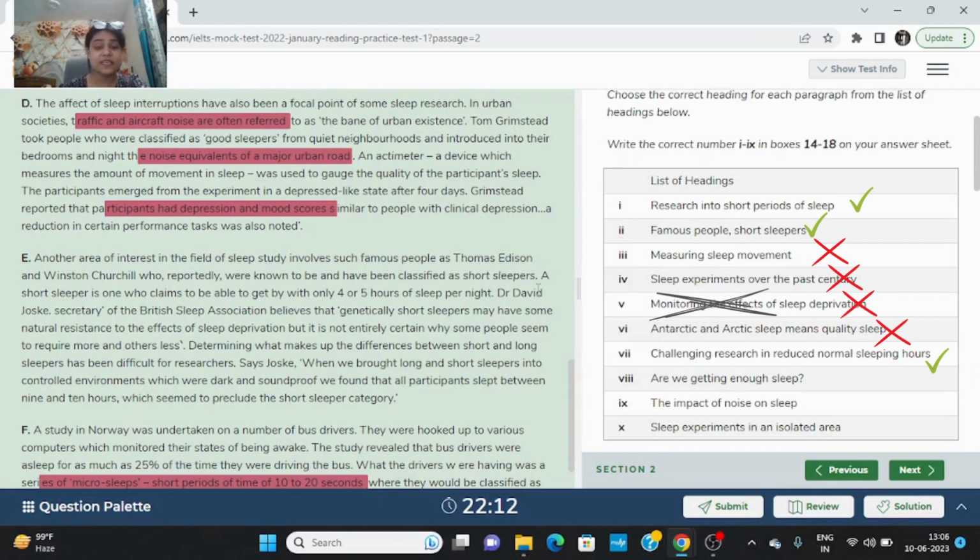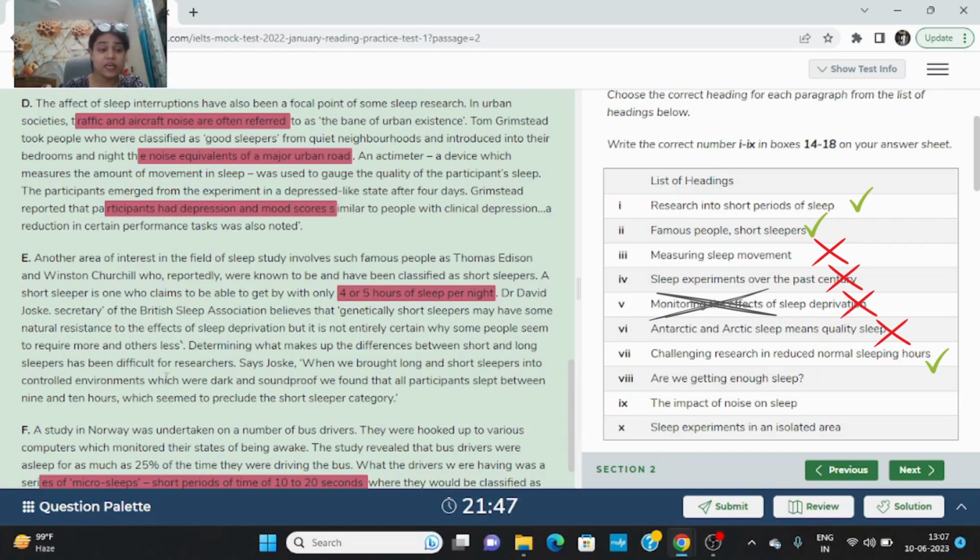As you guys can see here, it's written: a short sleeper is one who claims to be able to get by with only 4 to 5 hours of sleep per night. Dr. David, then they are talking about genetically short sleepers may have some natural resistance to the effect of sleep deprivation, but it is not entirely certain why some people seem to require more and other less.